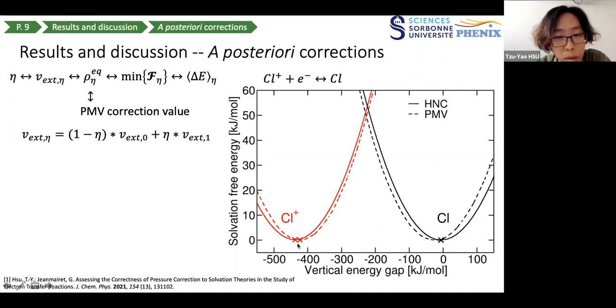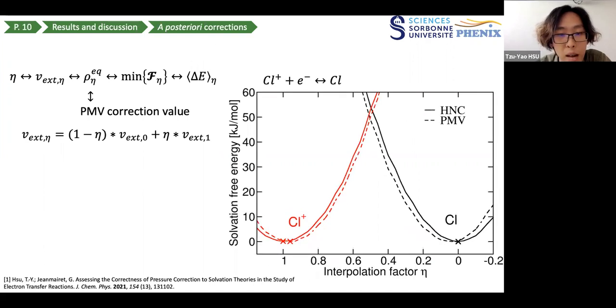However, this is a big problem because if we think in a reverse way, the minimum corresponds to another vertical energy gap, meaning that the minimum no longer corresponds to the solvent configuration that is in equilibrium with chlorine plus iron. And this violates the variational principle. This can be better illustrated by plotting the solvation free energy with respect to the interpolation factor eta.